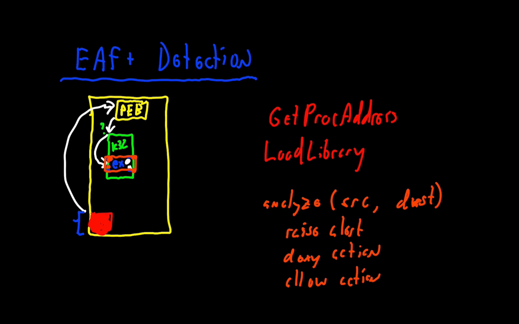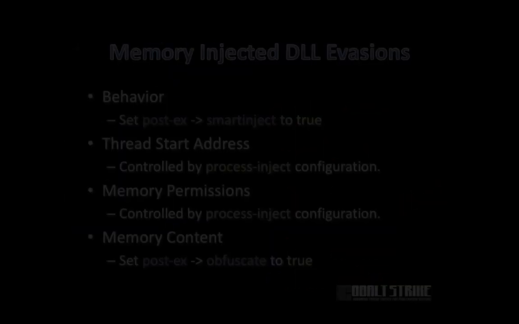Is this just freely floating executable memory? Or is this from a memory mapped DLL? And if it is or isn't, that can determine whether you get an alert or a deny or an allow. And that is the export address filtering detection.